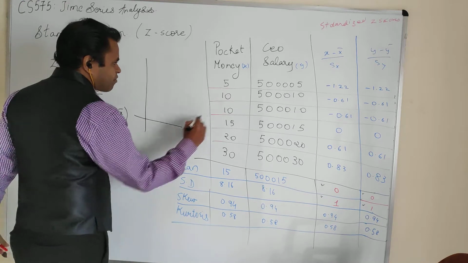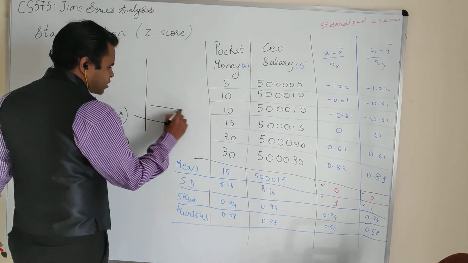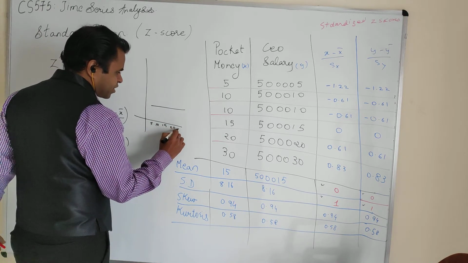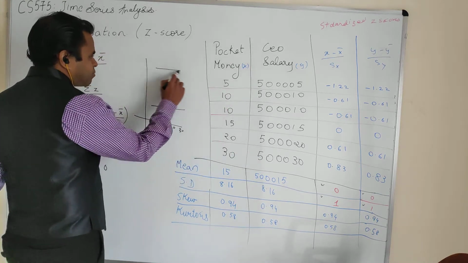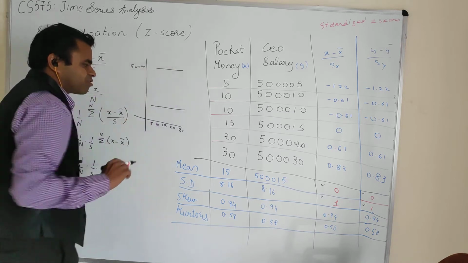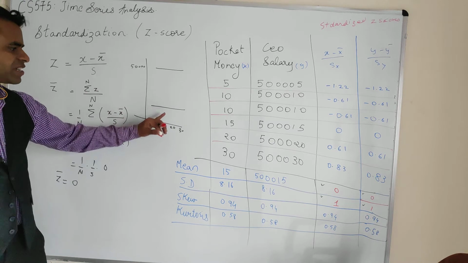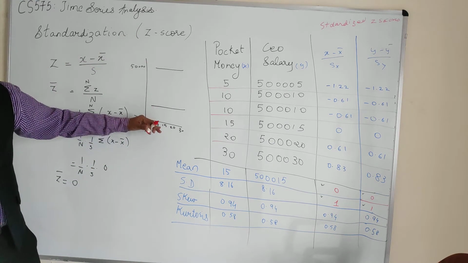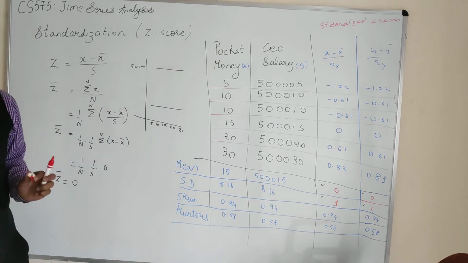For example, if I plot these values 5, 10, 15, 20 and 30, this will be somewhere here. And this will be 5 lakh and something of this sort, and this basically is 5, 10, 15 and in this fashion. So only the scaling differs, and this scaling is removed by the standardized z scores.